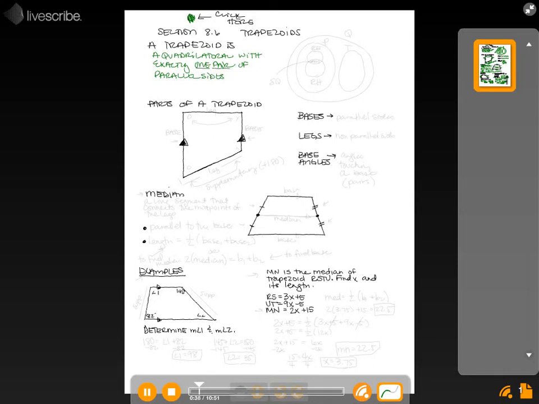Okay, key part of this is one pair of parallel sides. If we remember, parallelograms have two sets of parallel sides, the left and the right and the top and bottom. A trapezoid only has one. It'll be either the top and bottom or the left and right, only one set of parallel sides.